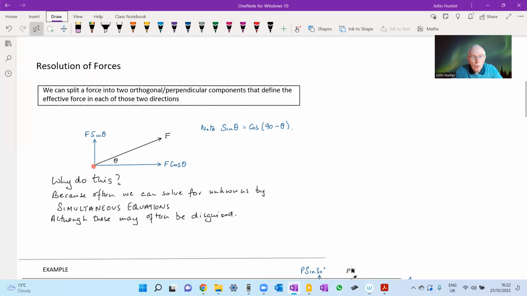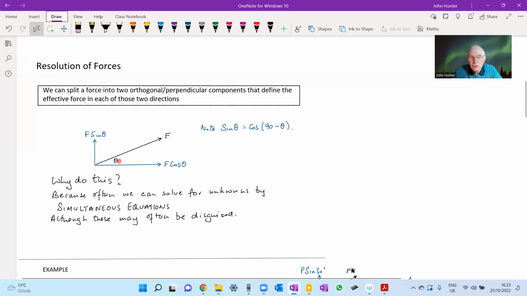Therefore the effective amount of pulling that's going to the right will be equal to F times the cosine of theta. And in the vertical direction, it's equal to the cosine of this angle here, which is 90 minus theta. But that is the same as F sine theta.